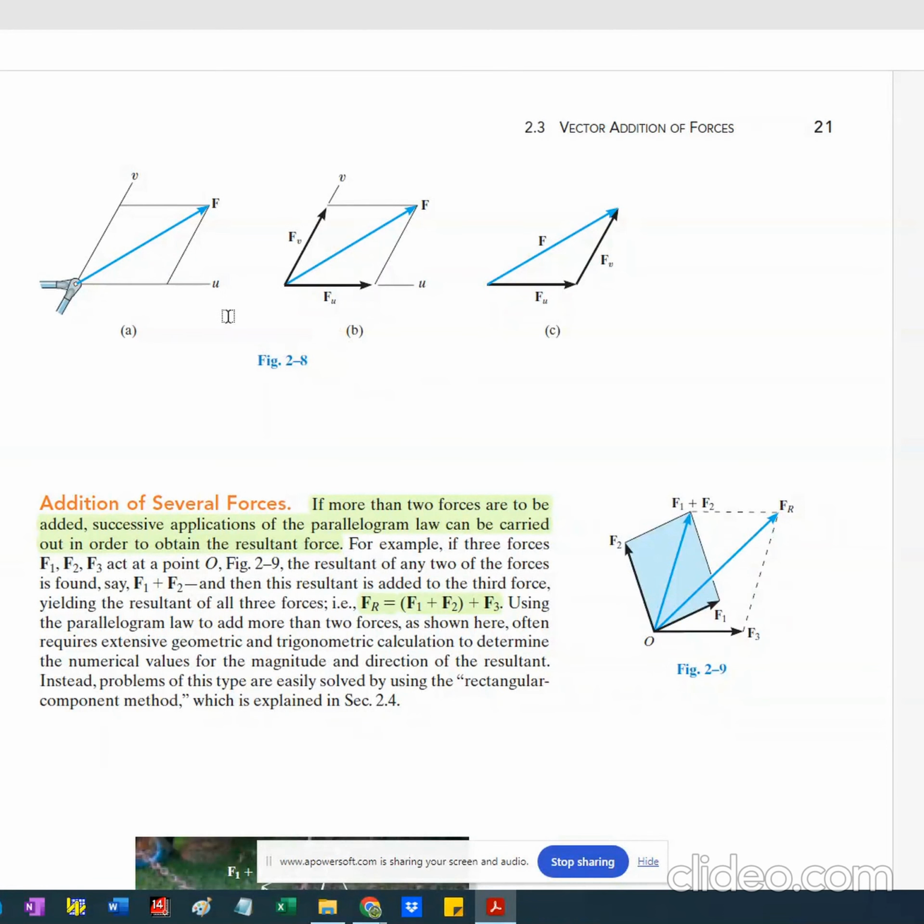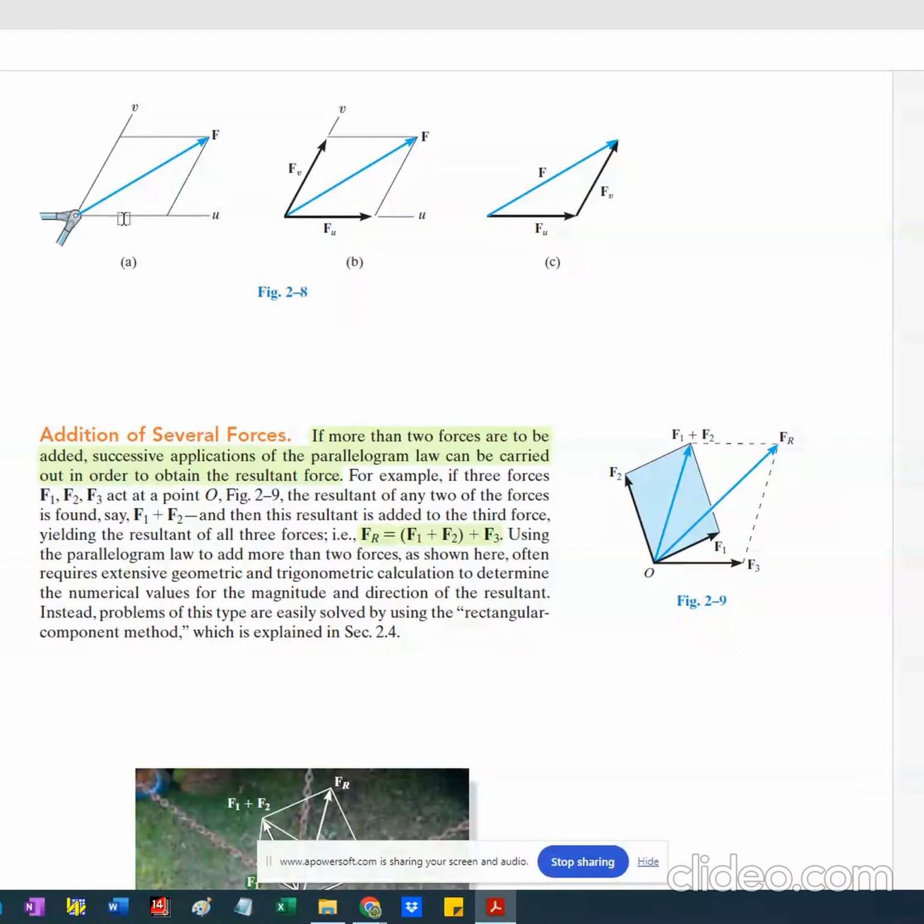So that would be a matter of just drawing V, or a line parallel to V. You extend this line, you draw it here, and you complete a triangle.